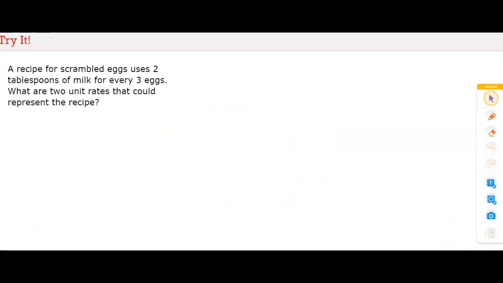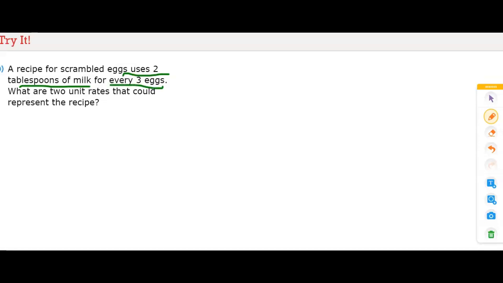A recipe for scrambled eggs uses 2 tablespoons of milk for every 3 eggs. What are 2 unit rates that could represent the recipe? The ratio for eggs and tablespoons would be there are 2 tablespoons of milk for every 3 eggs. So the 2 is mentioned first.